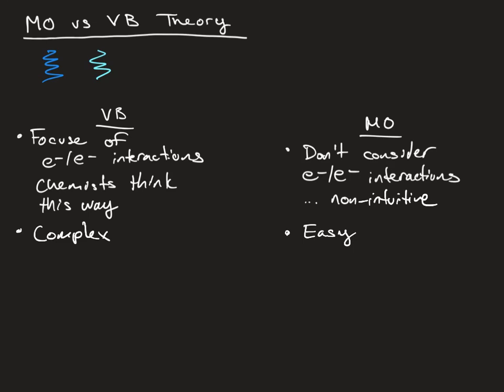This gets really, really complicated really fast. For example, in order to get the correct description of the photoelectron spectrum for methane, or to determine that O2 has a triplet ground state, you have to go through and set up some very complex math using a valence bond description, while in MO theory, it's rather easy to set up that problem and get the correct solutions out.